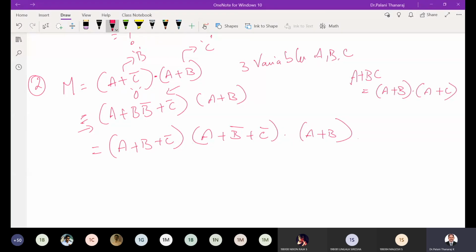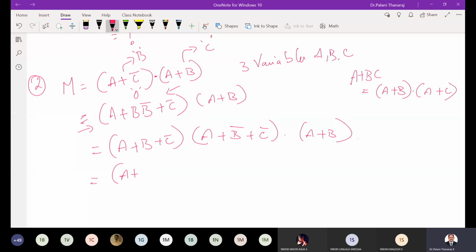So do you agree? By the distributive law, A plus BC we can factorize as A plus B into A plus C. Here I am taking A, B and C bar as one factor, and the remaining with B bar. So I'll write A plus B plus C bar, then A plus B bar plus C bar, and this term. Now I have to bring in the C variable also. I'm not changing the order, and as I proceed with each step I check here and there.